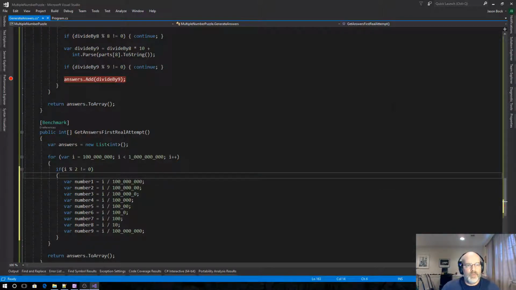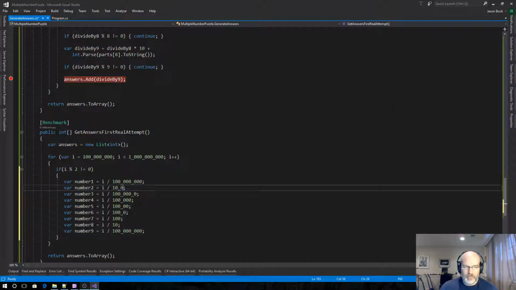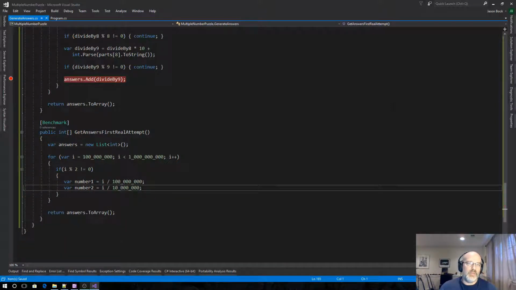Let's think about this a little bit more. If this is the first number, this is not the second number. And the way I've done these spacers is kind of weird, actually. I trimmed that off the wrong spot. Should look something like that. So let's get rid of these first.